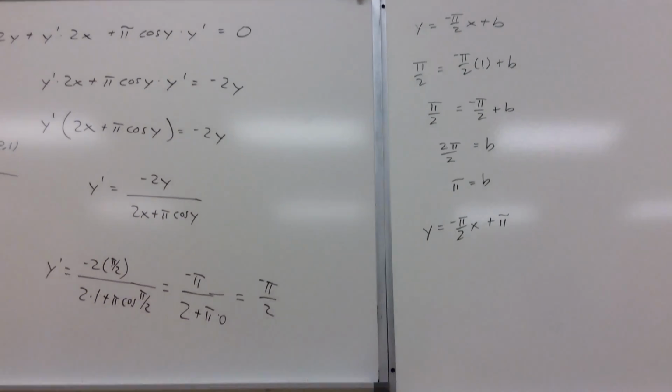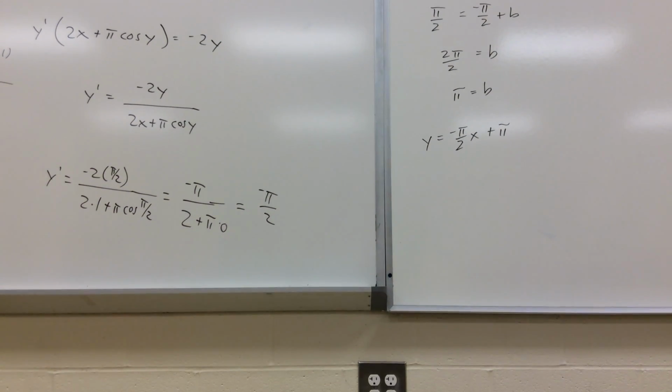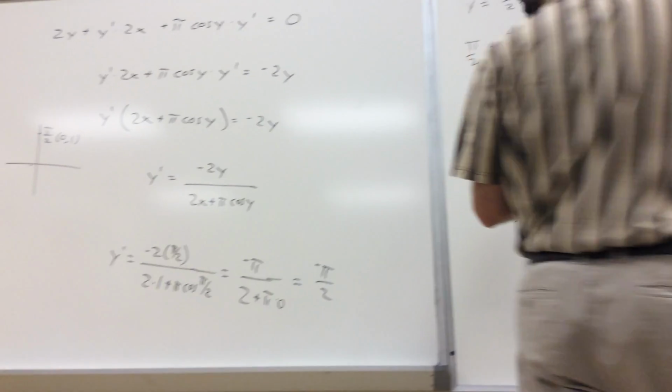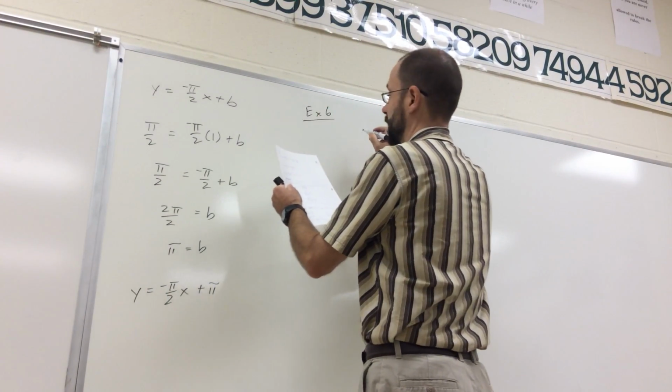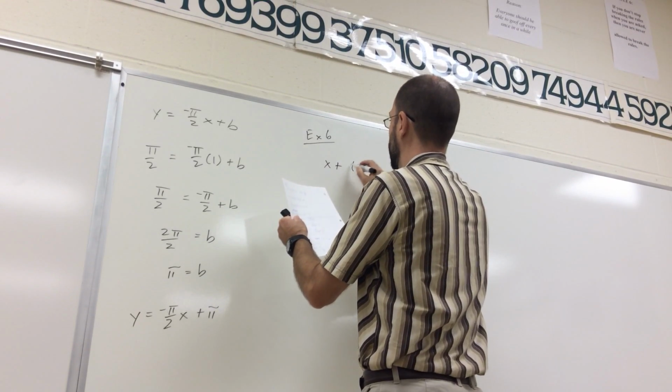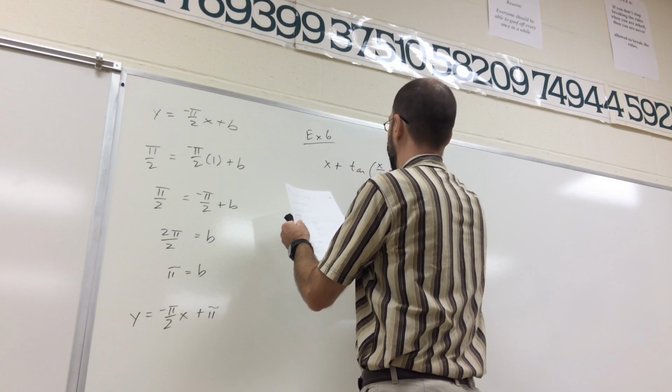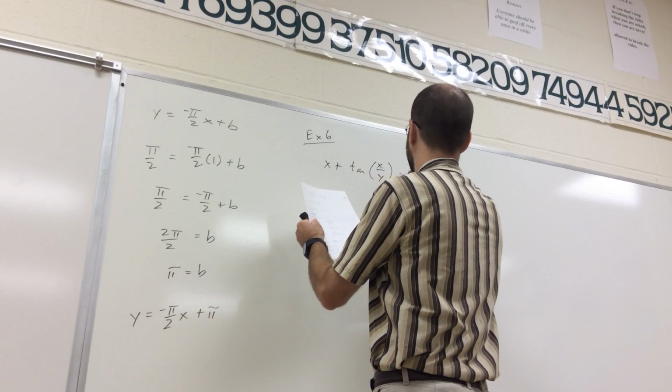All right. There's one more question in 3.7a. This is number 6. Got x plus the tangent of x over y equals 0.